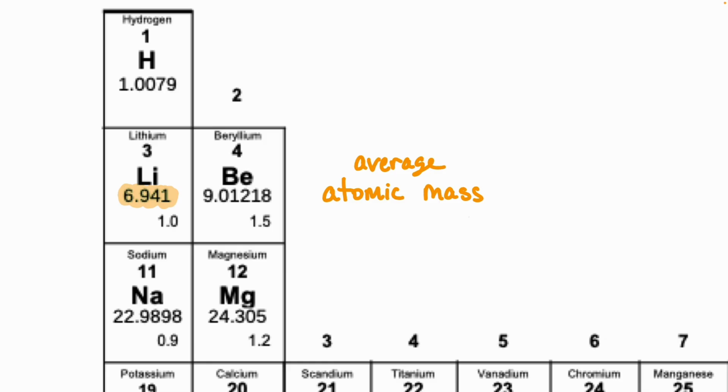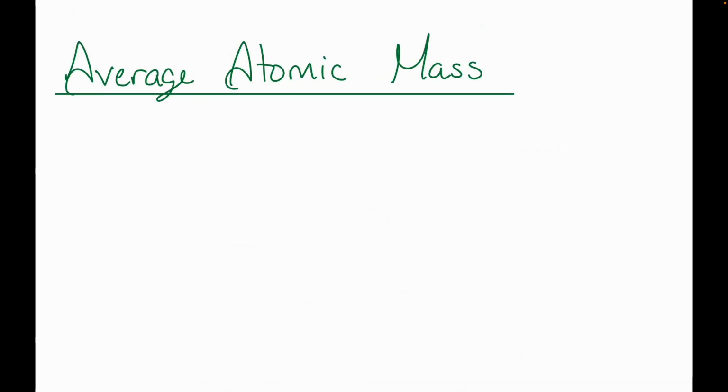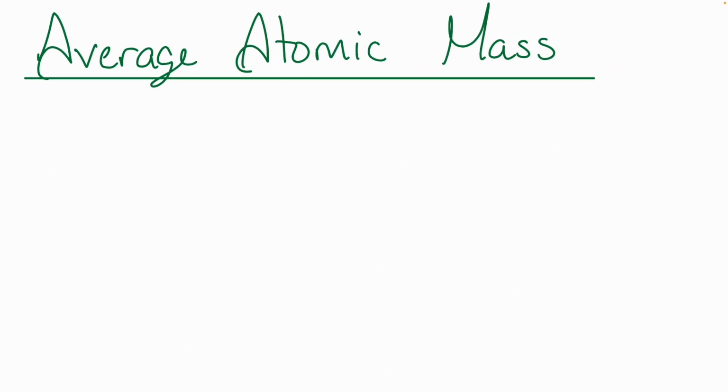All right, so let's just kind of summarize, or rather recap here. So as we said, each element is actually a collection of different isotopes.